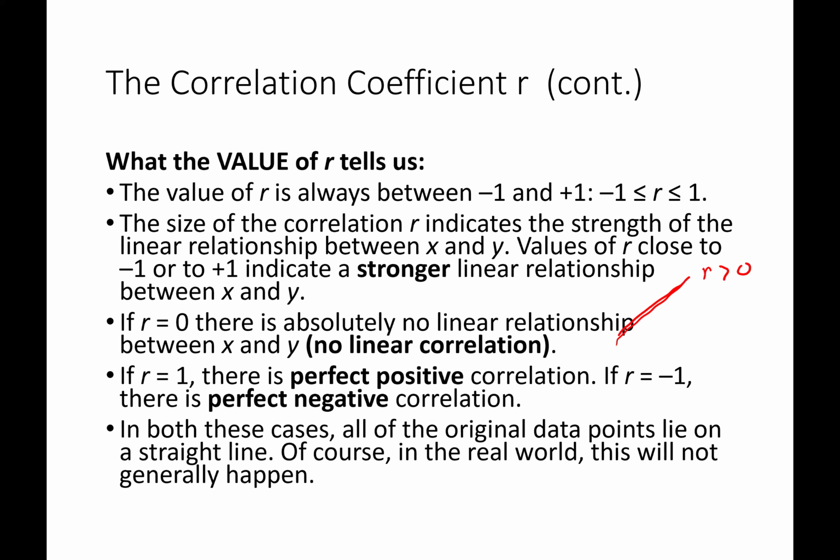If R is equal to -1, you have a perfect negative correlation. That means as your independent variable gets bigger, your dependent variable gets smaller. That is when R is less than 0. In both cases, all of the original data points lie on a straight line. Of course, in the real world, this wouldn't actually happen. That is, if R is -1 or +1, every data point lies on the regression line.